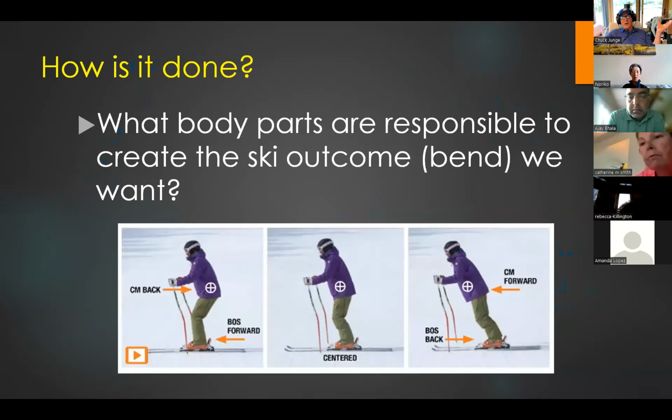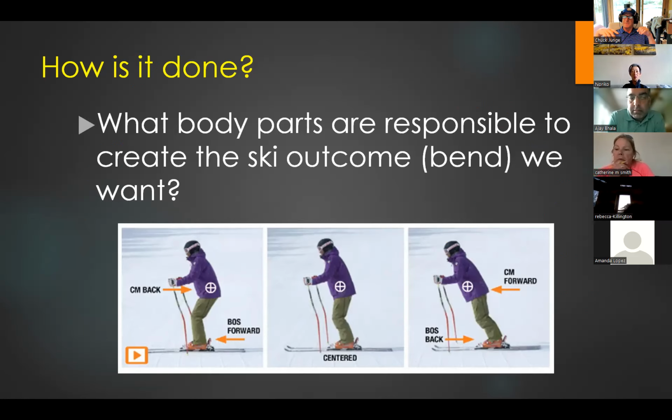All right, we already kind of talked about this. What body parts are responsible to create the ski outcome, the bend that we want? And this is a part where, I'm not really repeating myself, but I'm going to ask the question of, is it easier to move the center of mass forward, or is it easier to move the base of support back?